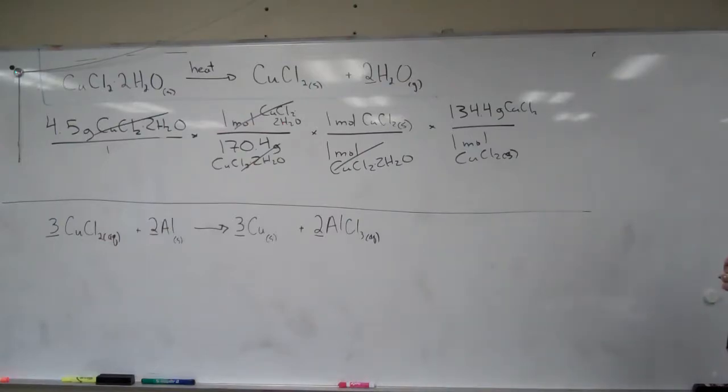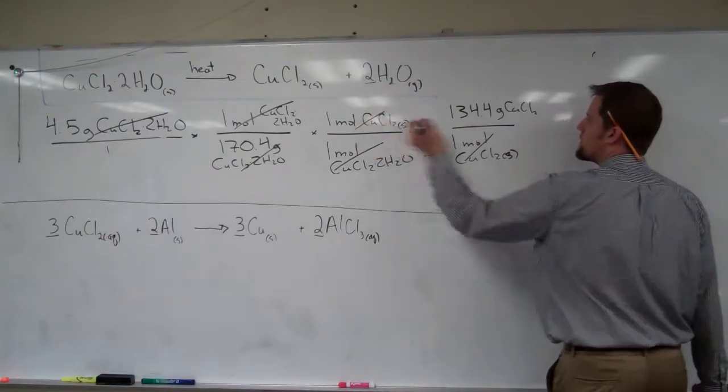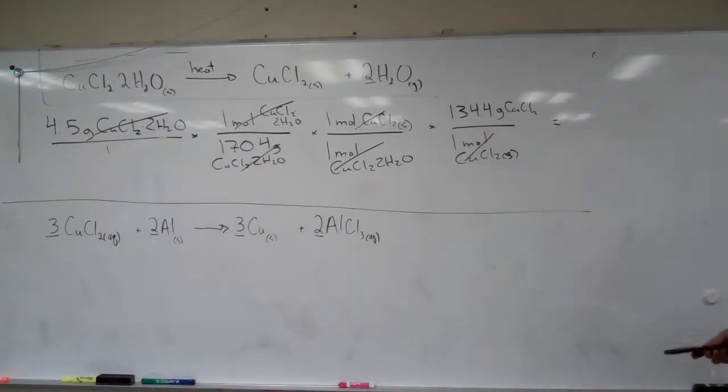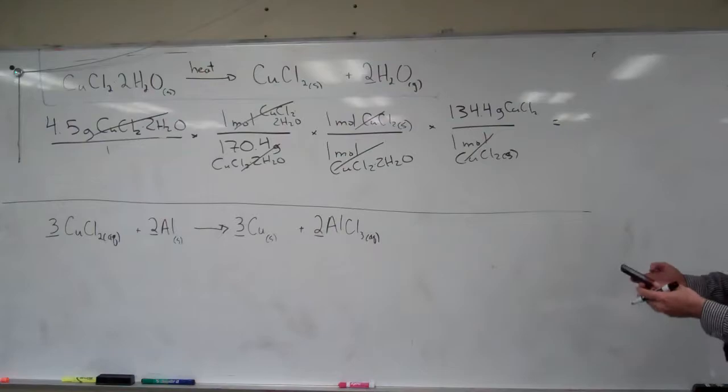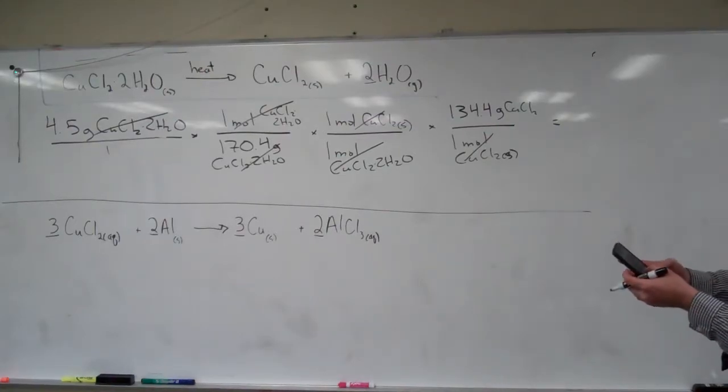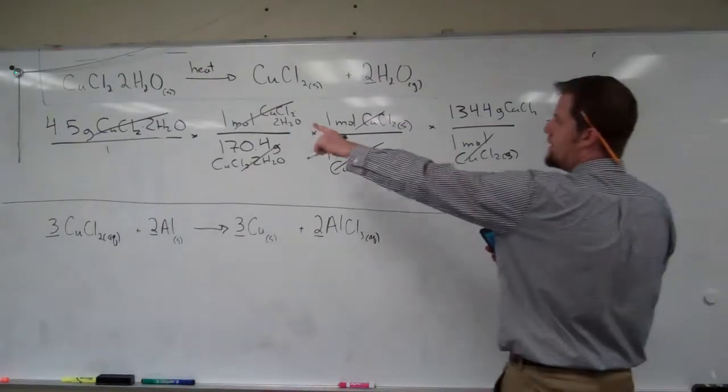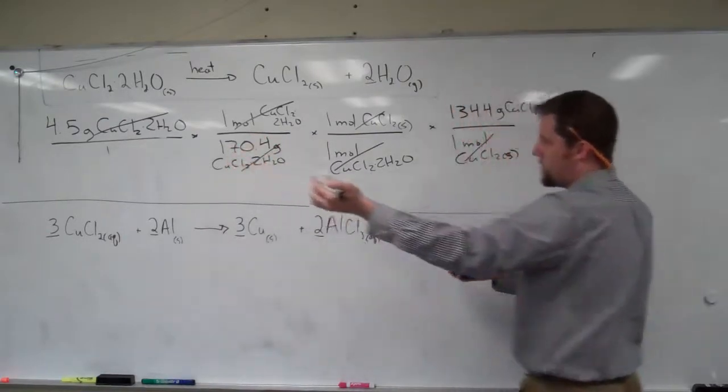Okay? In this particular example, if my starting amount for my group was 4.5 grams, well then I would use my calculator momentarily, and I would go through the steps. So 4.5, that's my initial amount, times 1 over 170.4.